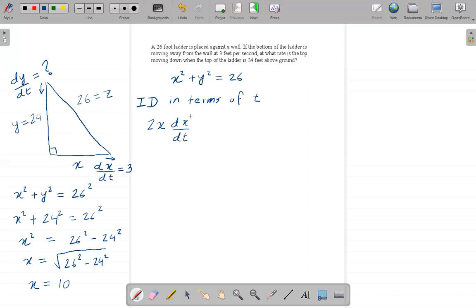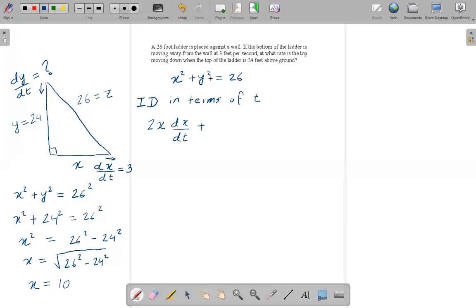In my previous video, when I took the implicit derivative, I just wrote 2x. I didn't write this extra term, because in that case I was taking it in terms of x, but here I'm taking it in terms of t. That's why I have this extra term.